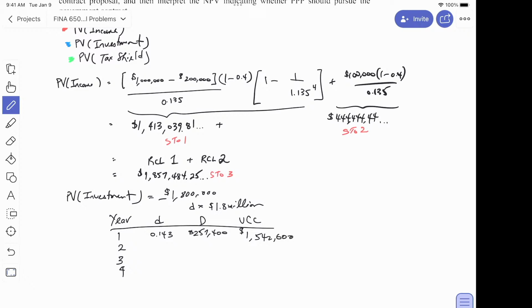Okay, so then in the next year at 24.5%, D is going to be 441,000, with undepreciated cost of capital of 1,101,600. Any questions about how to do this?